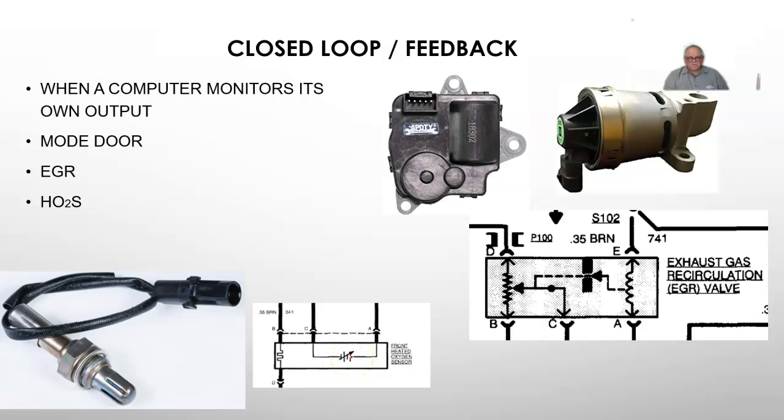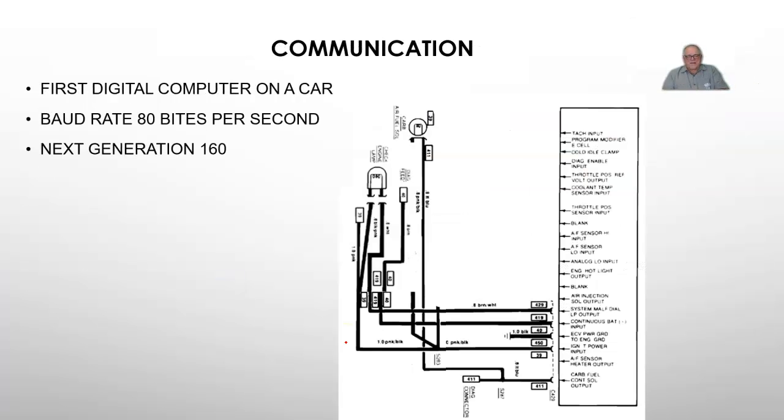Computer is going to control how much fuel. The O2 sensor is going to tell it too rich, too lean, or just right, and the computer will adjust the fuel based on that. Closed loop feedback.